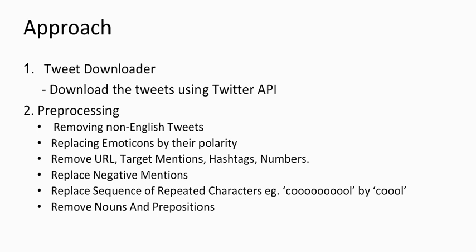Then replace negative mentions. So we also have to replace sequences of repeated characters. So some people will write the word cool with repeated letters, though the spelling is COOL. So some people will randomly write it that way. So those things have to be replaced. And remove nouns and prepositions. So this is another step which has to be done.